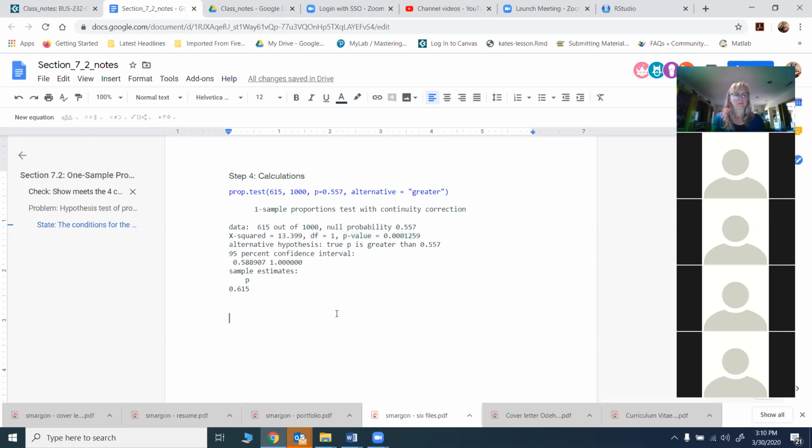So your p-value represents how unlikely it is that you found this data, given the null hypothesis was true.